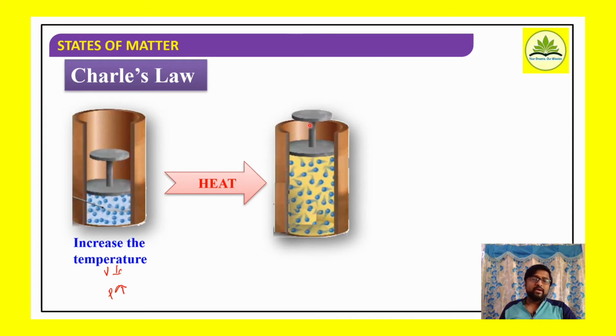The piston moves in the upward direction, indicating the volume increases and the pressure decreases. So when you heat it, the piston moves upward, which clearly indicates that the volume of the gas increases, and the pressure decreases.